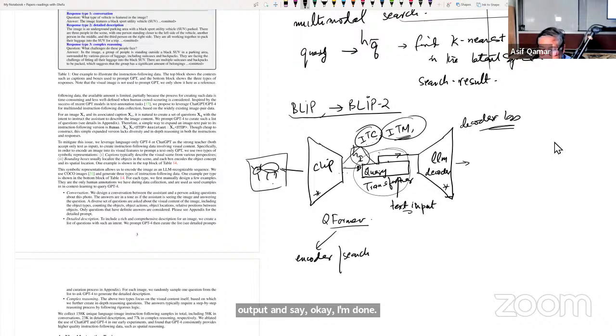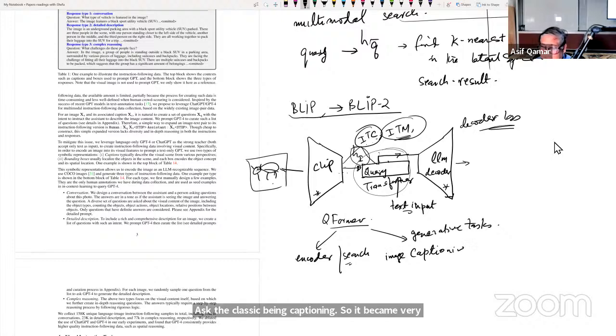It does a very good job, and therefore it can be used for search, but it can also be used for decoder or generative tasks. The classic being captioning. So it became very popular for image captioning. And in the past, we have covered this, that the results are quite impressive. So that is sort of, let's take that as a background.